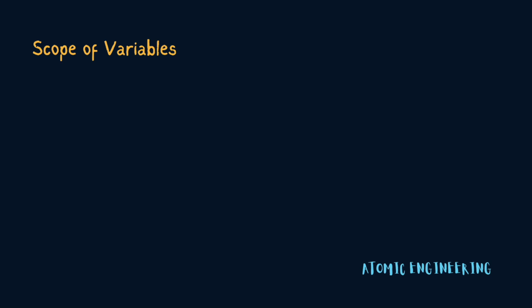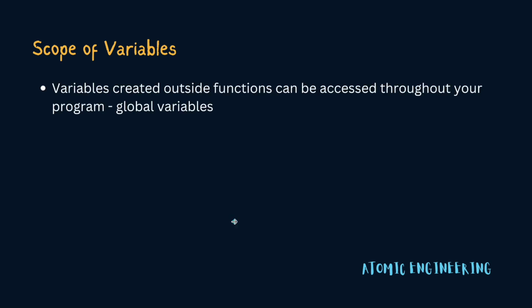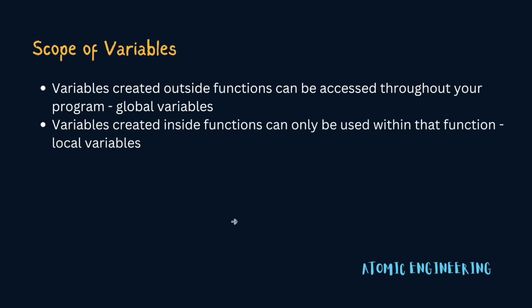But for now, remember that variables that are created outside functions can be accessed throughout your program, even in other functions within the same program. These are called global variables. And if the variables are created inside functions, they can only be used within that function. They are called local variables. They cannot be used in other functions in the same program.